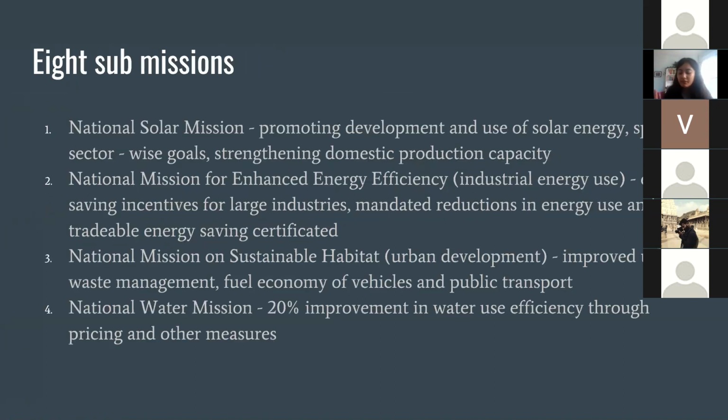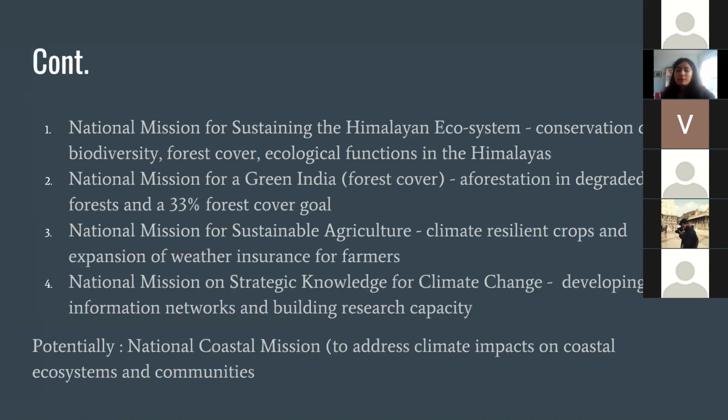So there's technology and there's funds transfer. Let's say the National Solar Mission: the technology inputs could be used there, and the solar mission could also use funds. The National Mission for Sustaining Himalayan Ecosystem, for example, carries out a lot of research, but not by itself.